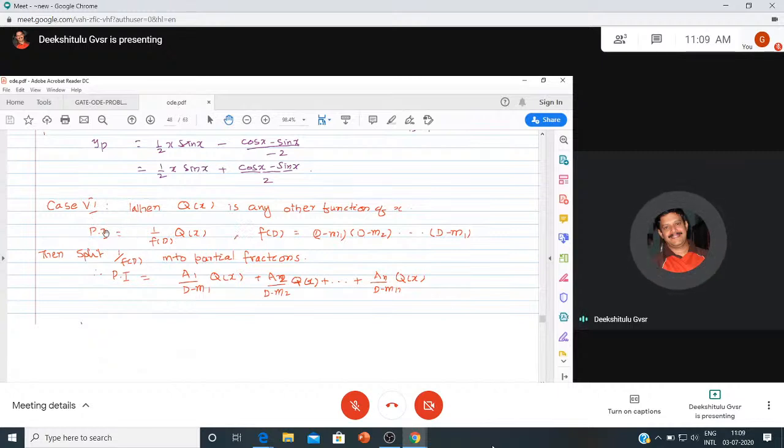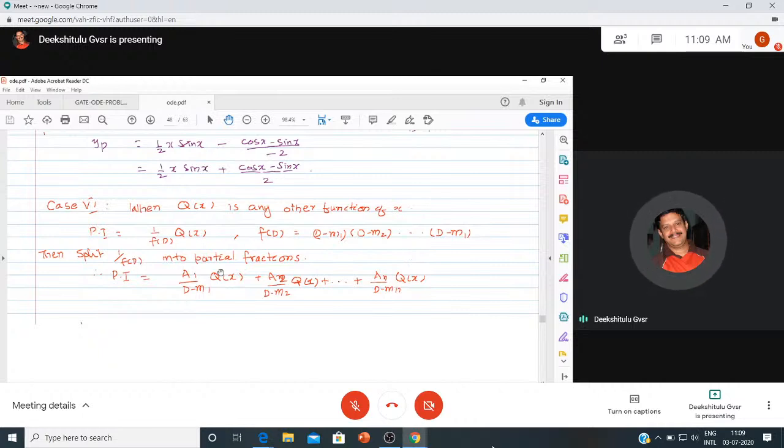In this case, your particular integral becomes 1 by f of D Q of x as usual, and then what we do is we split this f of D into factors. So f of D is (D minus m1) into (D minus m2) and so on and so forth, (D minus mn).